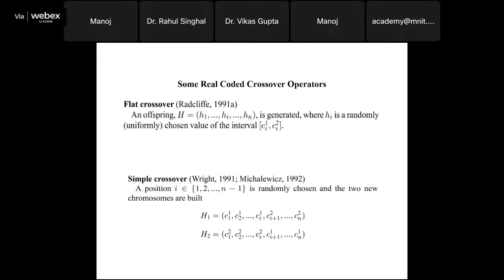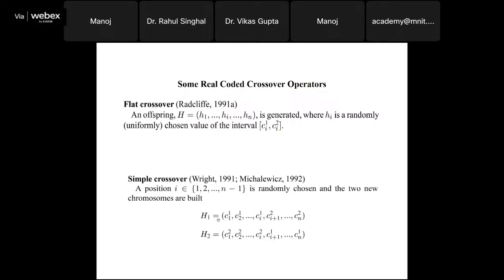Now, with this method, you can see that it explores only within the smaller component to the larger component, right? So let's say if CI1 is 0.5 and CI2 is, let's say, 1.5. So this method will generate a number between 0.5 and 1.5. It is not going to explore below 0.5 and above 1.5.